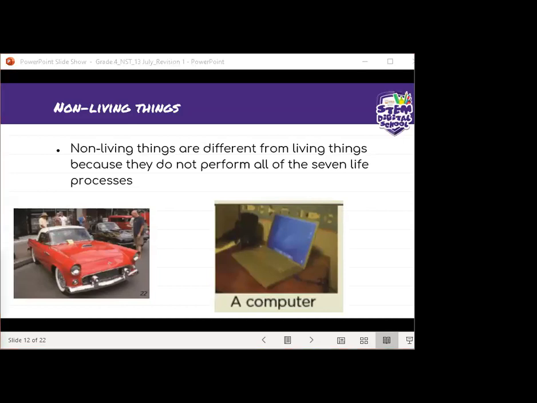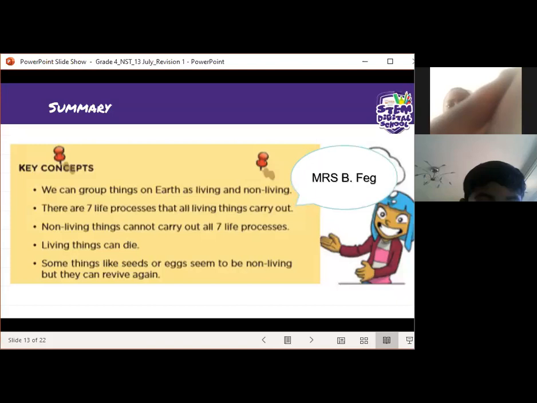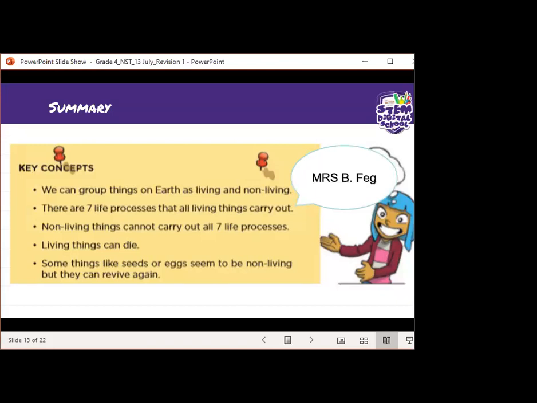All right. And so let us move along. So guys, here is our summary. We can group things on Earth as living and non-living, and there are 7 life processes that all living things carry out. We can just remember those 7 things by using this acronym, which says Mrs. B. Fake.